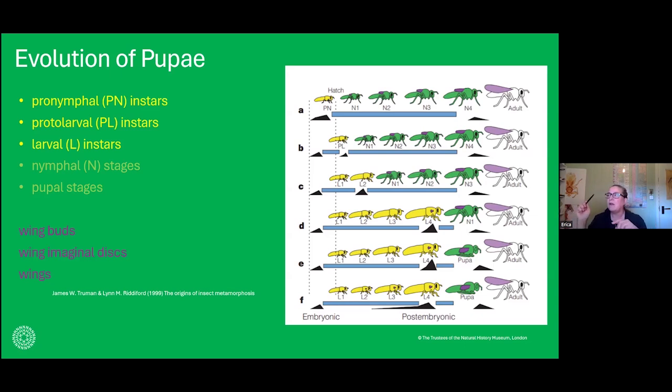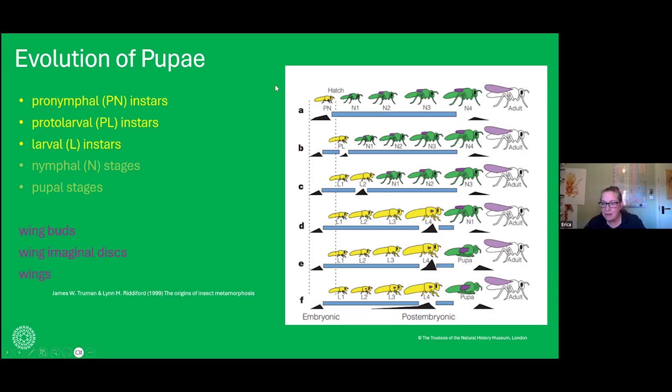So this is trying to get it to develop. So the species that are more ancestral have the imaginal disc gradually developing earlier, if I've said that the correct way around.